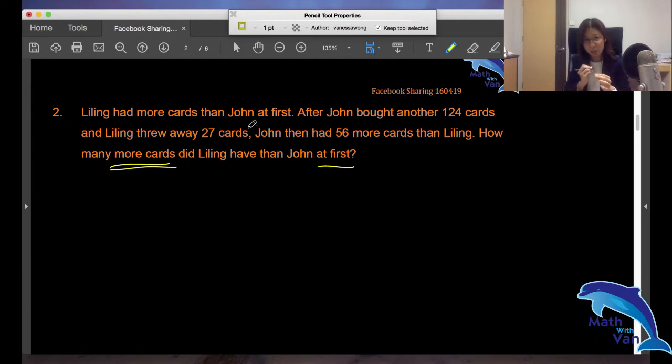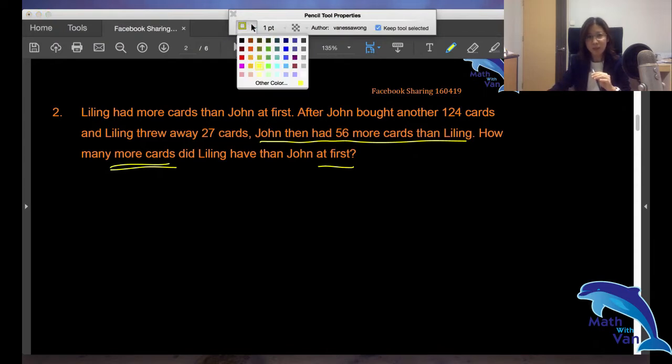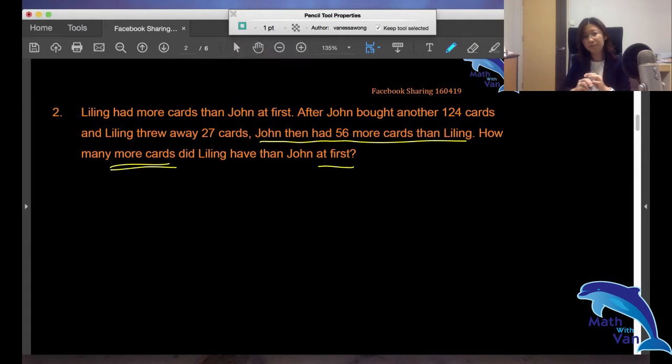We don't have much information. But the absolute information that we have, as you have observed, is this piece here: that John had 56 more cards than Li Ling. From there, we are going to work backwards.